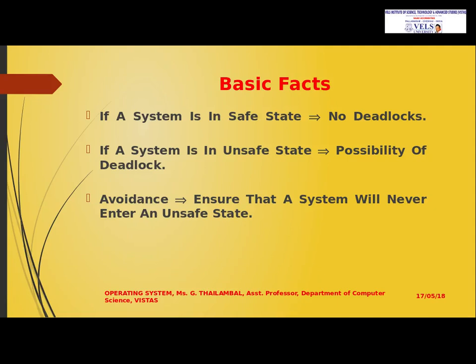For avoiding it, we have to ensure that the process which is allocated resources will not enter into a deadlock state. Then only will the process be in a safe state.